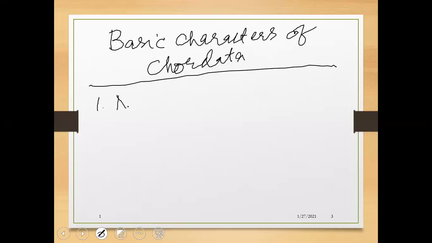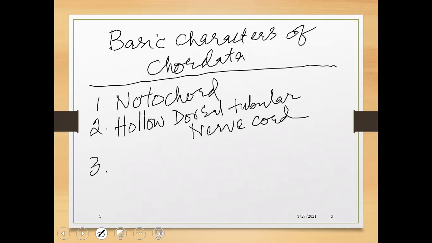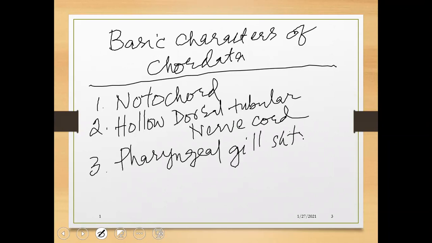One is the notochord, the other is the hollow dorsal tubular nerve cord, the third one is the pharyngeal gill slits, and the fourth one is the tail.